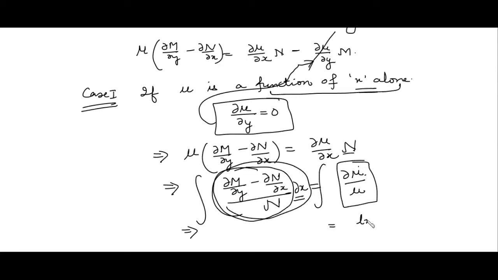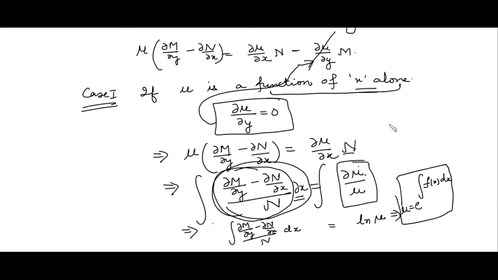After integration, ln mu is the integration of (∂M/∂y minus ∂N/∂x) divided by N, which implies mu is e to the power integral of f(x) dx, where f(x) is (∂M/∂y minus ∂N/∂x) divided by N. Whenever this is a function of x alone, only then can we integrate this side with respect to x and find the value of mu, which is e to the power integral of f(x) dx.